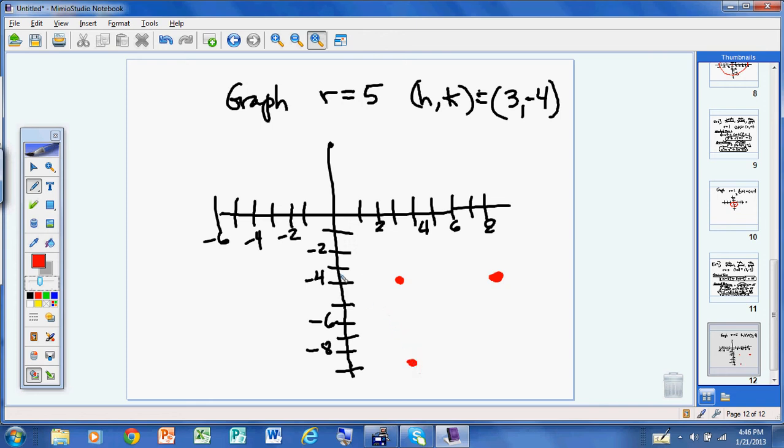And if you go 5 up, 2, 3, 4, and then be right here.